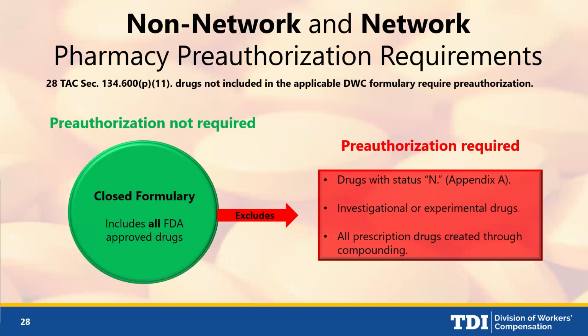It doesn't matter what the ingredients are, just because it's compounded, it needs pre-authorization. Even if every single ingredient is not an N status drug, you still need pre-authorization just because it's compounded. So just to take a look again, all FDA approved drugs are within our closed formulary. The excluded ones need pre-authorization.